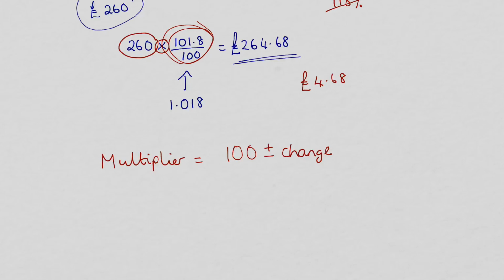Okay, so you add if it's increasing, you subtract if it's decreasing. So that's your percentage change. And then to change that into a decimal, you divide it by 100. Okay, so if your change is that you're adding 5%, then you do 105 divided by 100. If your change is that you were reducing by 5%, you'd be doing 95 divided by 100.